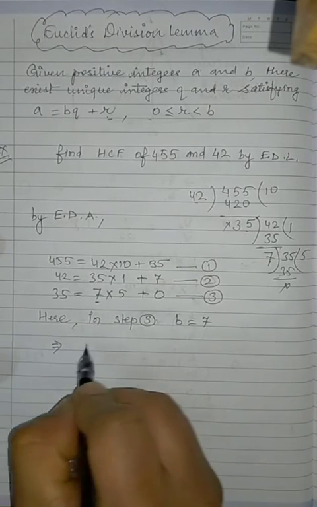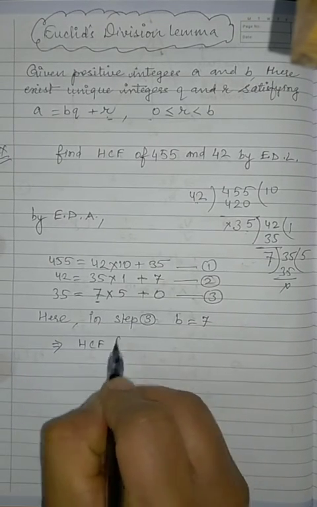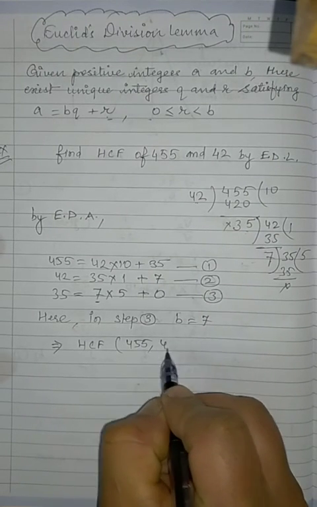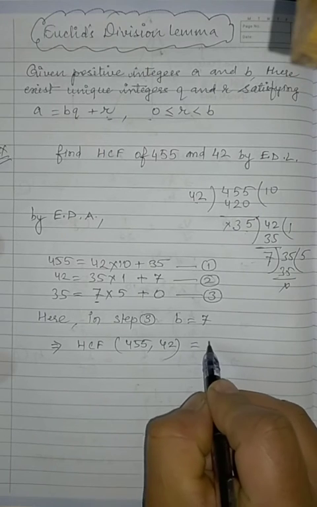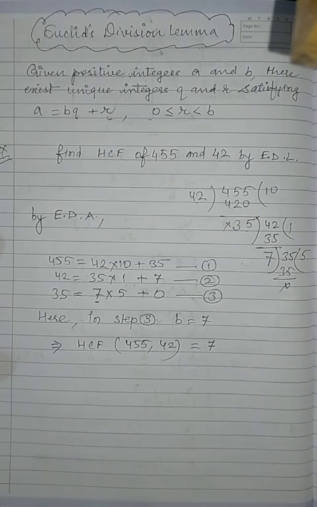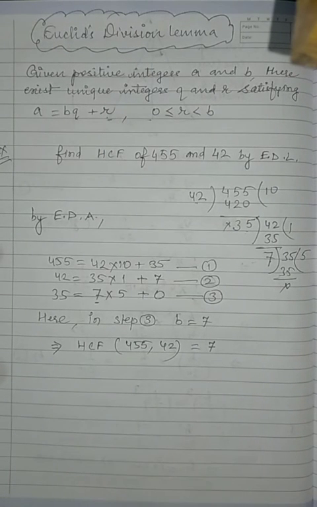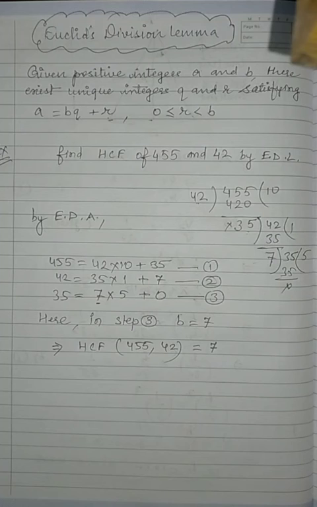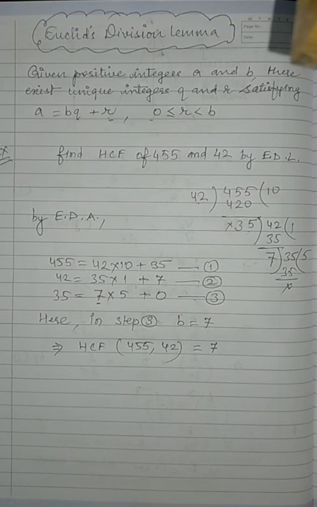That means the HCF of the two numbers which we are given, 455 and 42, is equal to 7. So this way, by using Euclid's division lemma, we can find out the HCF of the two given numbers. The same process can be used for finding out the HCF of three numbers also.